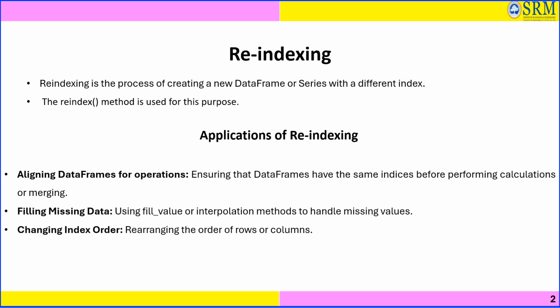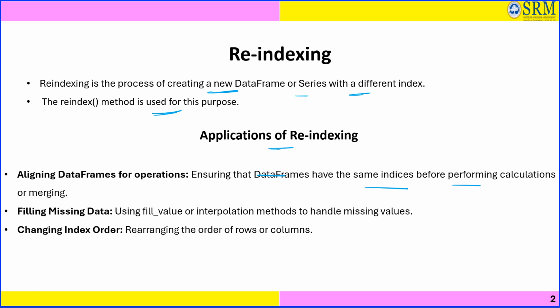And the next one is re-indexing, a process of creating a new data frame or series with a different index. The reindex method is used for this purpose. So let's see that. Applications of re-indexing: ensuring that data frames have the same indices before performing calculations or merging, using fill value or interpolation methods to handle missing values, and changing the index order, rearranging the order of rows and columns.